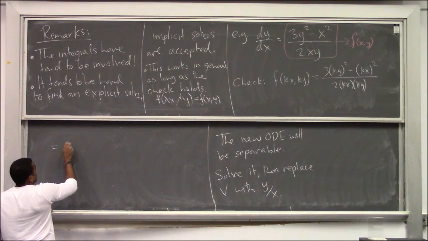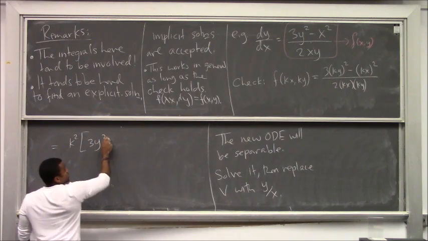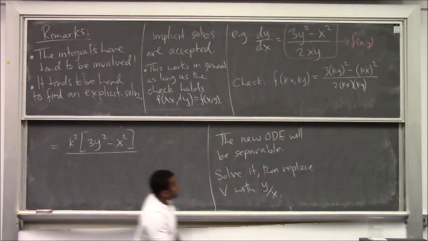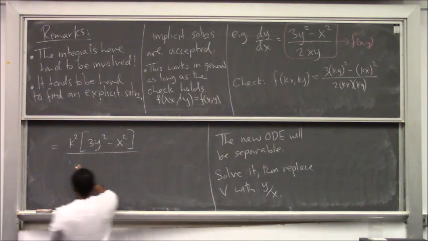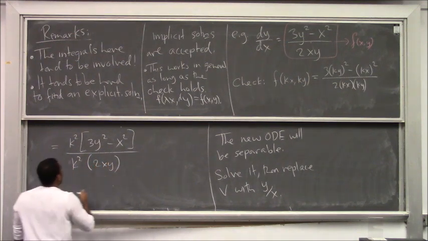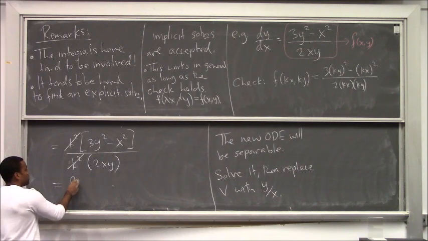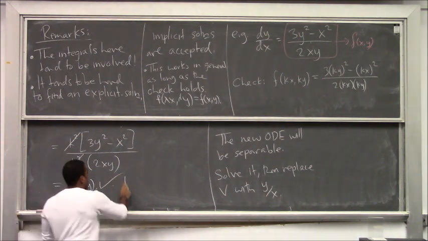This would be k squared times 3y squared minus x squared. In the denominator, again, I have two k's multiplying, so that's a k squared I can factor out, leaving 2xy. Notice that the k squareds cancel, and what are we left with? Well, that was the original function. So that check means homogeneous.